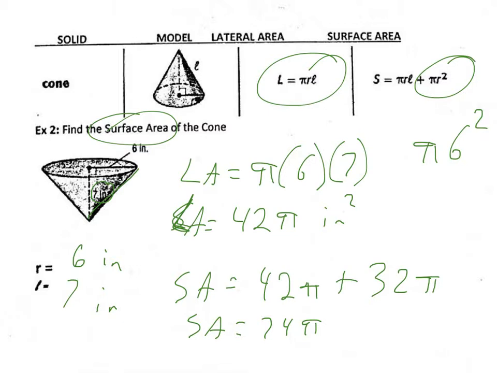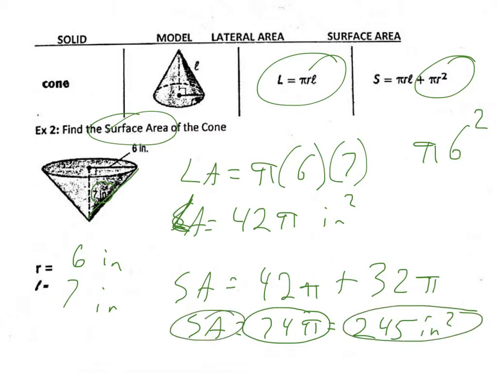And if we need our answer to the nearest tenths place, we would get that also. So that's in terms of pi, and this is rounded 245 square inches. And again, that's surface area. So we find the radius, we find the slant height, plug it into our formulas, and we find our answer.